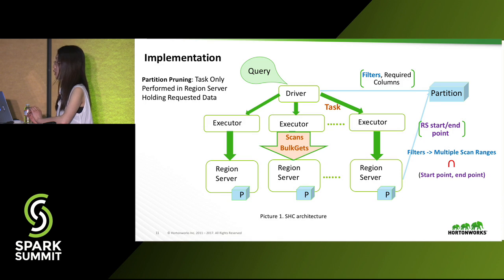If we do this for all the region servers, then we can know which region servers have the data and which don't. Also, for the region servers holding the required data, we know which scan ranges are in that region server. Based on this information, we construct RDD tasks and then send them to the region servers holding the required data. In the same region server, there may be multiple scan ranges. So this is how we implement the partition pruning.